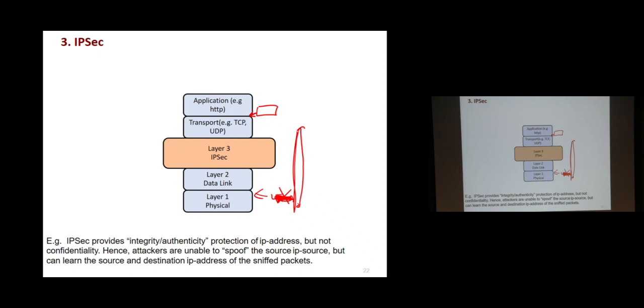So IPsec, which sits over here, is able to protect mainly, besides all the information, the IP address. So even if you use IPsec, the evil cafe owner will not be able to see the IP address.